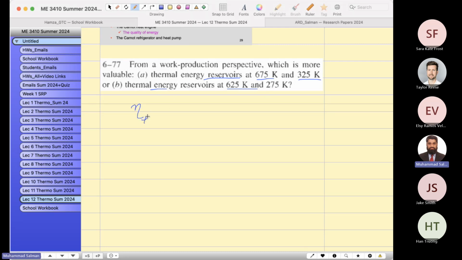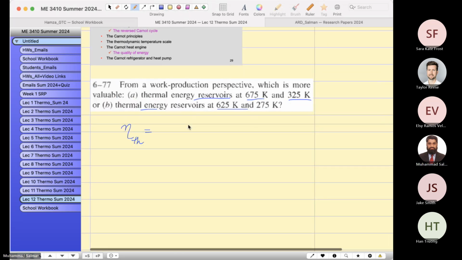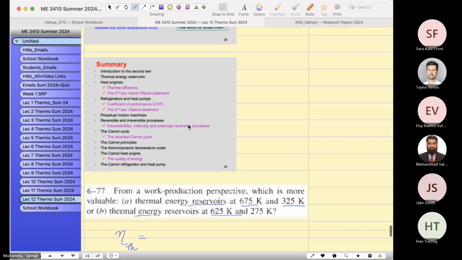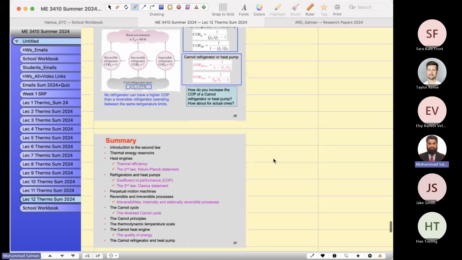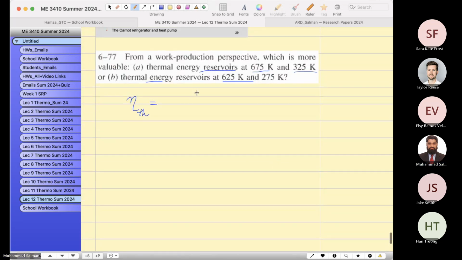Well, we want to find out the thermal efficiency of the heat engine, 1 minus TL over TH. Let's find out this thermal efficiency.